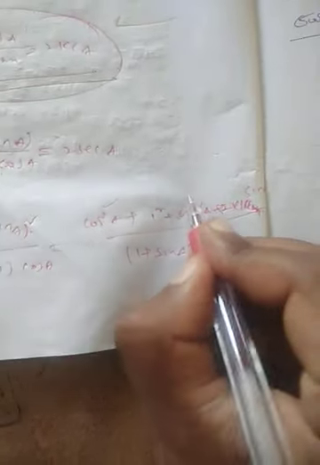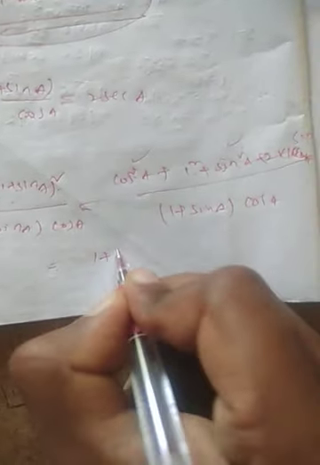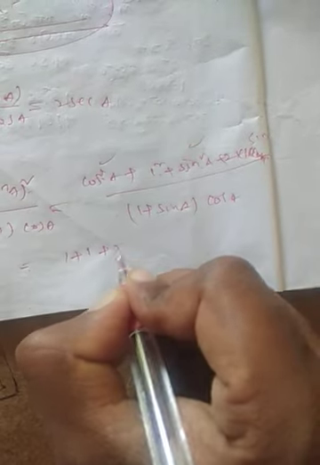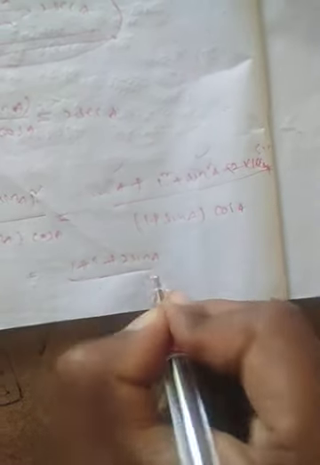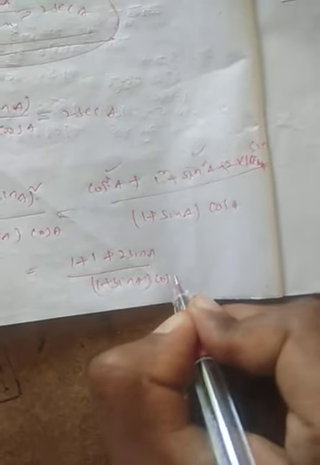Cos square a plus sin square a will be 1. So it will become 1 plus 1 is 2, plus 2 into 1 into sin a, which is 2 sin a, divided by 1 plus sin a into cos a.